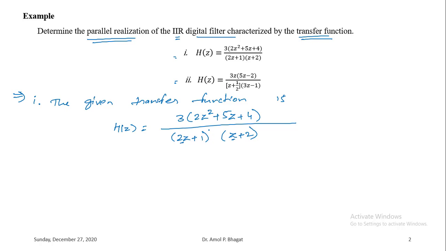So to represent these terms, what I will do, I will multiply before applying the partial fraction expansion. I will multiply 1 by z on both sides, and I will adjust these terms here, right? So that here I will take 2 common from the denominator. Okay, and again 1 by z I will be multiplying on both sides, right?